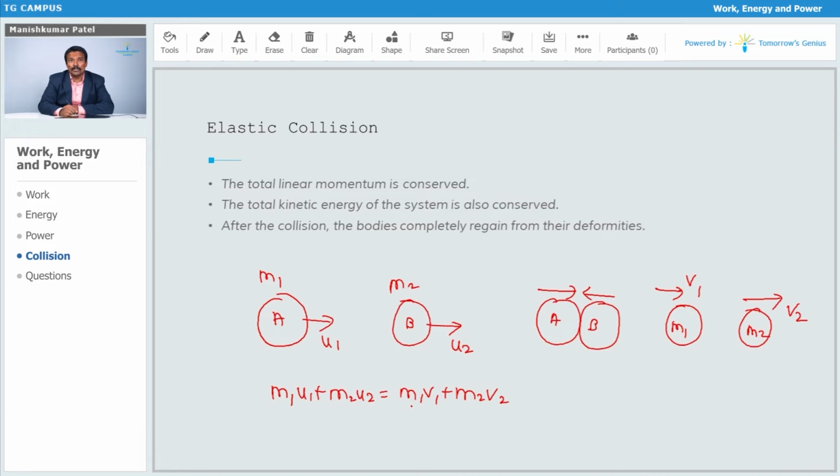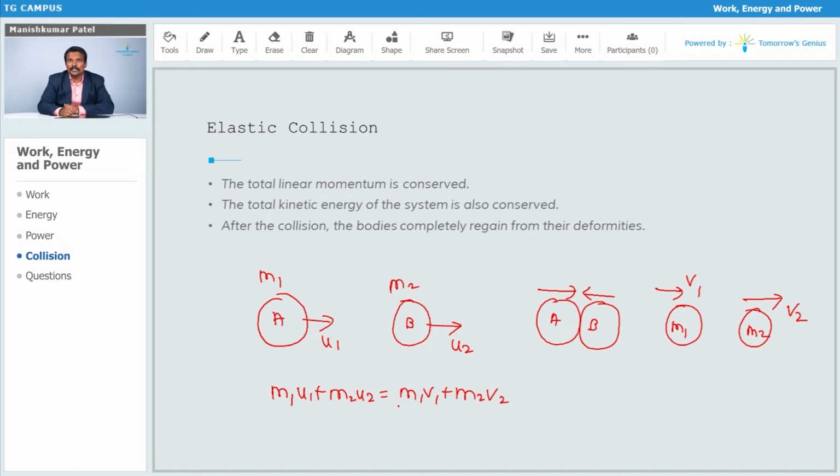This is what we call total linear momentum being conserved. The total kinetic energy of the system is also conserved, meaning the kinetic energy before collision is the same as the kinetic energy after collision.